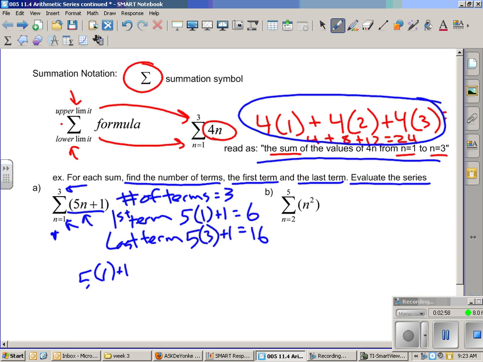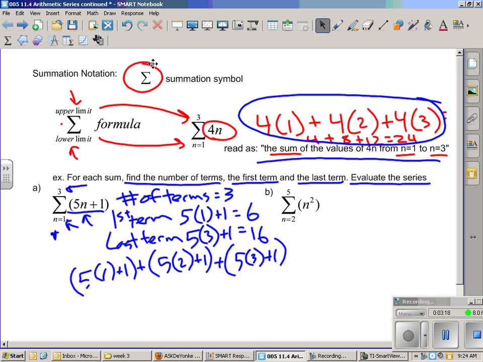We put that all in parentheses, plus, and then we have in parentheses again 5 times the second term, plus 5 times the third term.